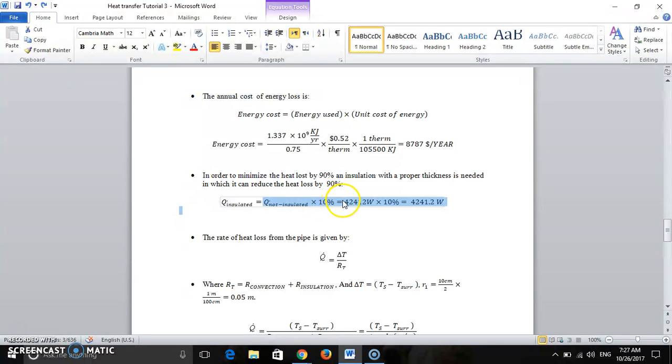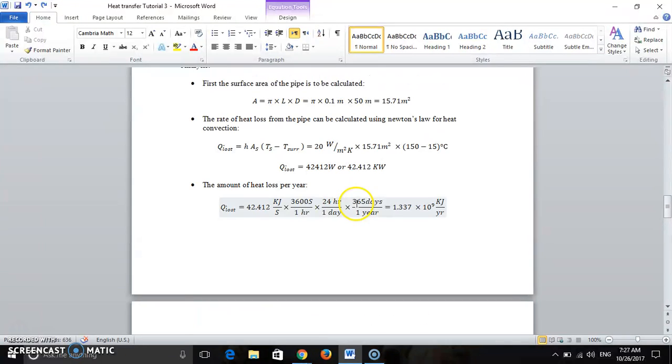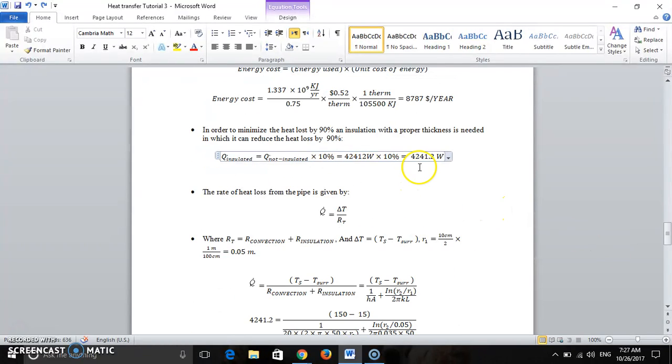If we multiply 10% by the heat loss, which was calculated previously to be 42,412, the heat loss after insulation is 4,241.2 watt.